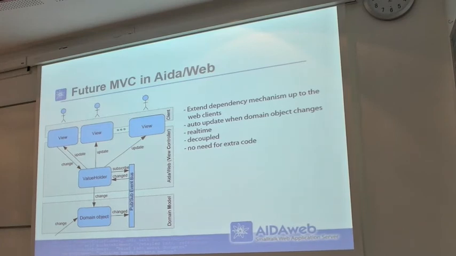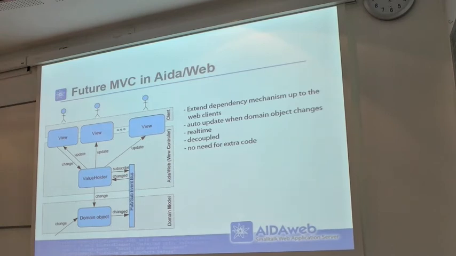This seems very simple, but it's not so simple to do, especially because those real-time channels are hard to keep connected all the time, and it's also very hard on the web to see when some view is actually active and when not. This way we will still have decoupled stuff, so no direct connections back from the model to the GUI, and also no need for extra code.